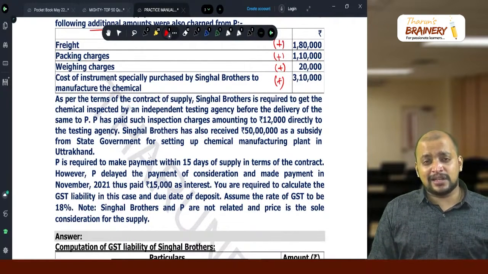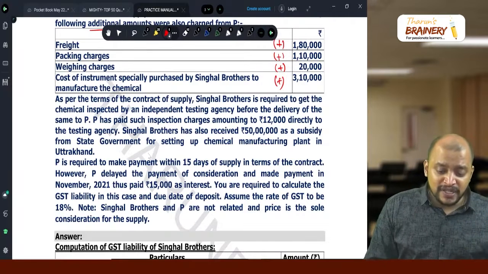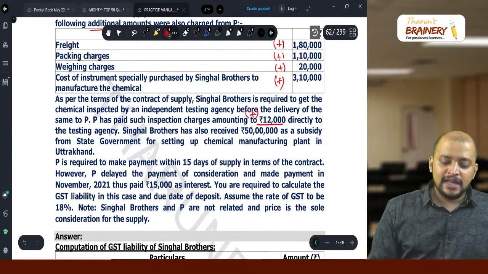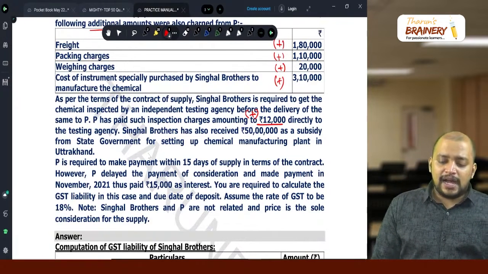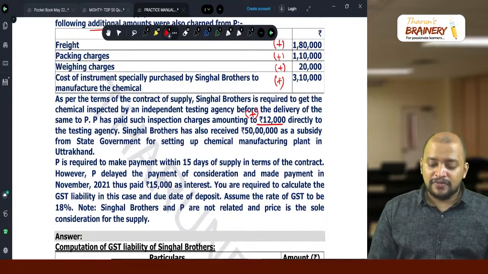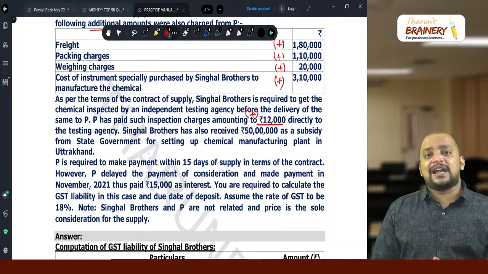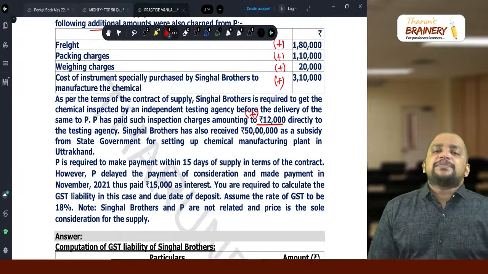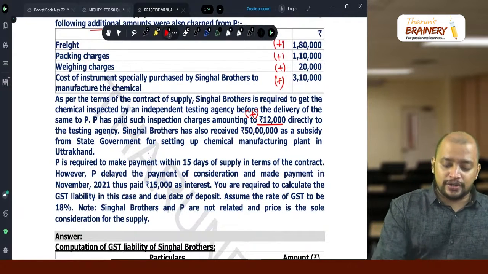This means any amount that the supplier is liable to pay, but which is paid by the recipient, should be included in the value. Single Brothers has also received 50 lakhs as a subsidy from the state government for setting up a chemical manufacturing plant. This is not a direct price-related subsidy. This is a general subsidy, and a general subsidy we should ignore.